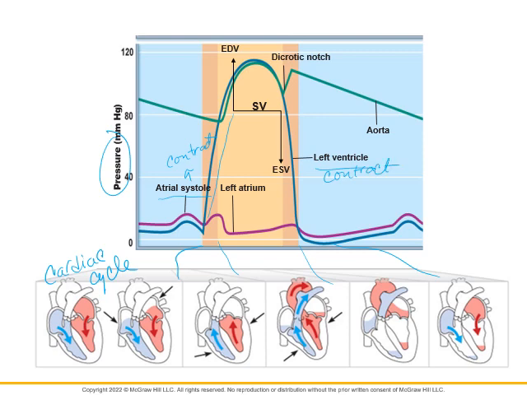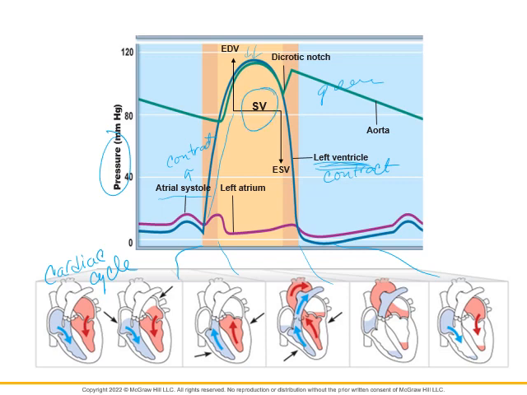They're showing you the pressure of the blood in the aorta. That's what's in green. I'm not sure if you can see it as clearly as I can, but do you see how the blue, the left ventricle pressure, has to exceed the green aortic pressure for the blood to move into the aorta?